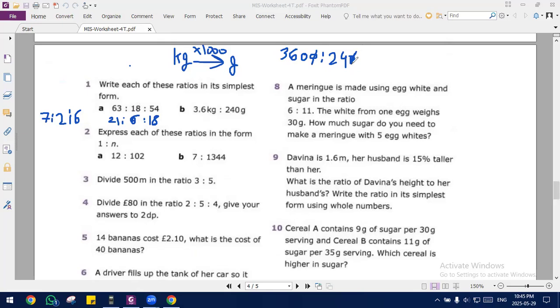Then we can still simplify, I guess. Let's, for example, divide it by 3. 24 divided by 3 is 8. 36 divided by 3 is 12. And you can add the 0. Can we simplify more?